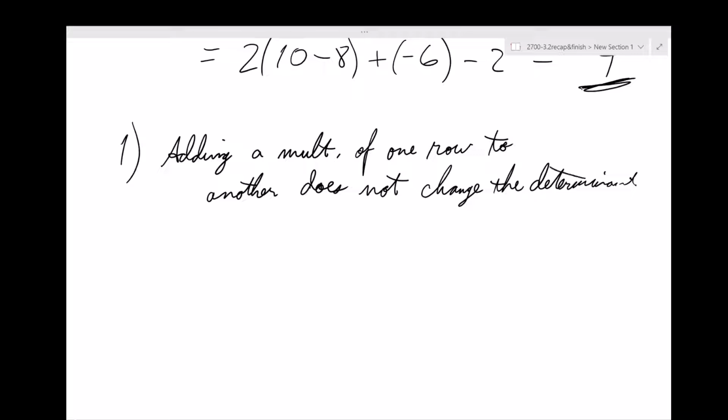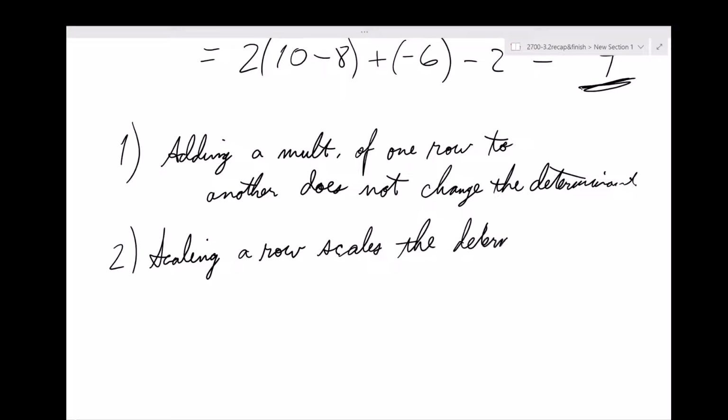Sorry for my handwriting there. The second one was scaling a row. Scaling a row scales the determinant by the same number.